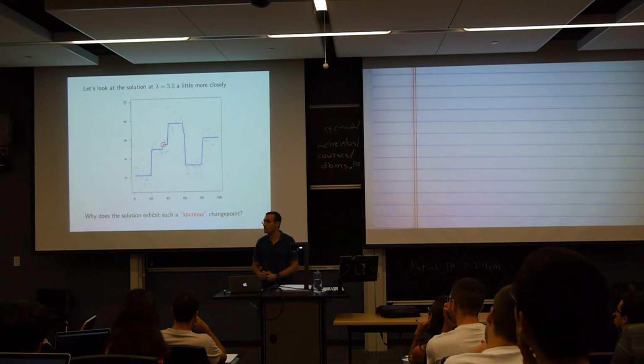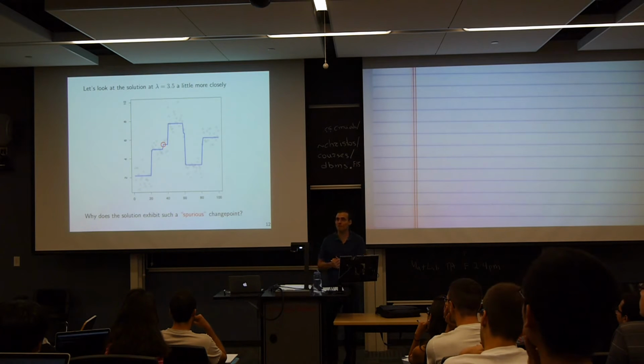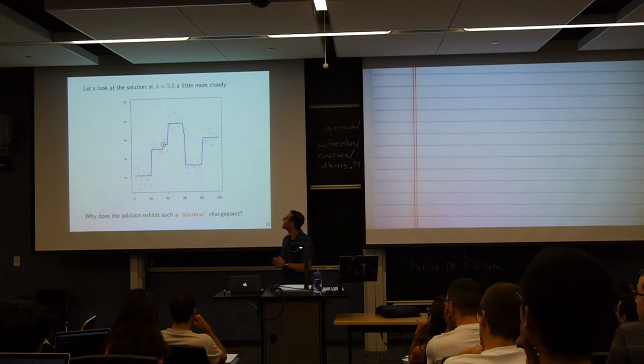Why do you guys think that's the case? Why is that there? I would be very surprised if anybody knew the answer, maybe with the exception of Kevin, just because he's thought about this problem in particular. So why do you think it's spurious?